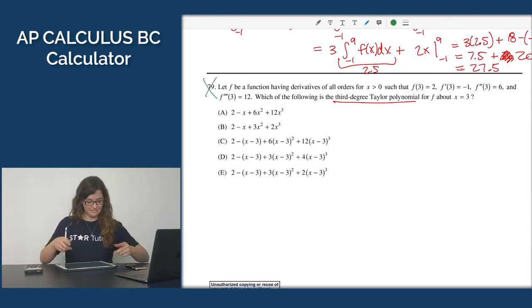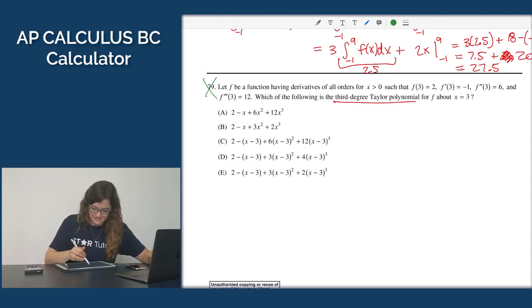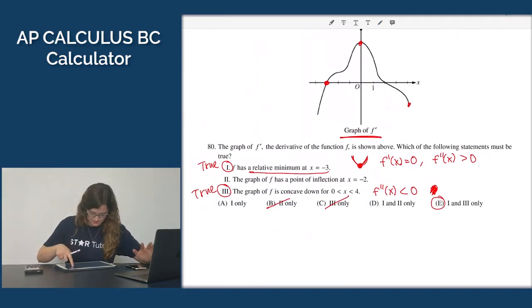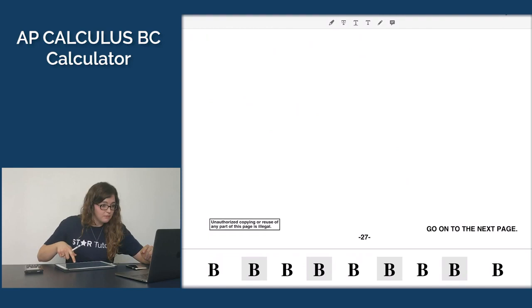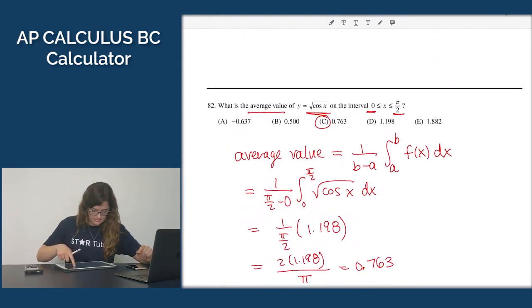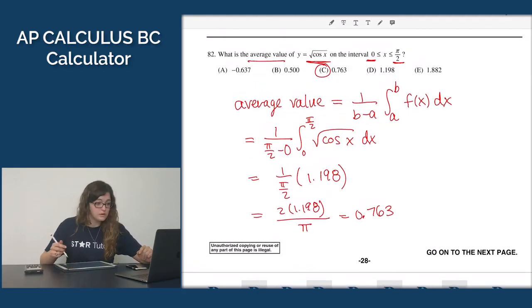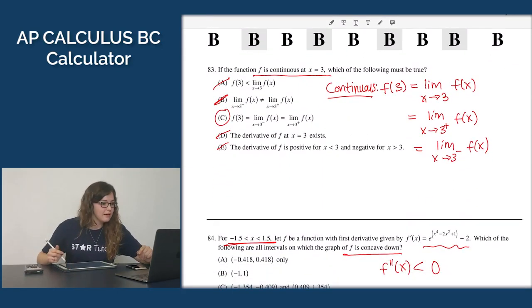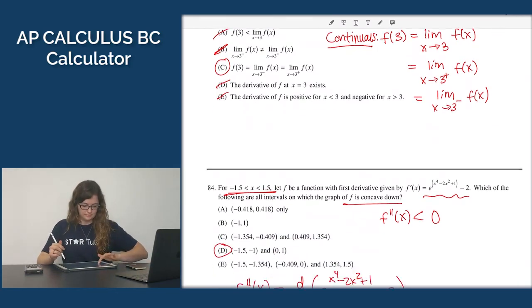So go back and make sure you answer all the questions. If I had my bubble sheet, I like to think it'd be different, but you never know. 80 is E. Yep, that's what I got. 81, D. Good. 82 is C. Great. 83, also C.